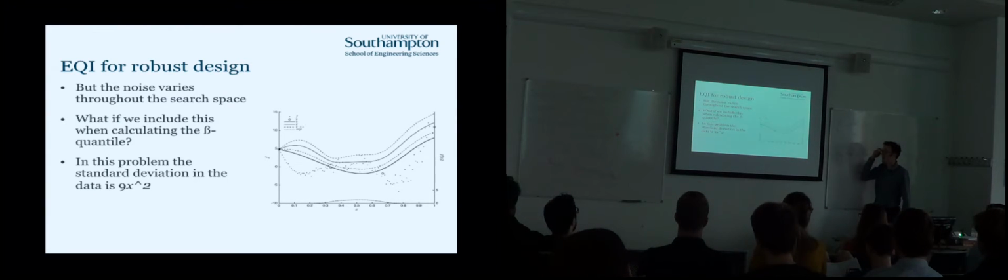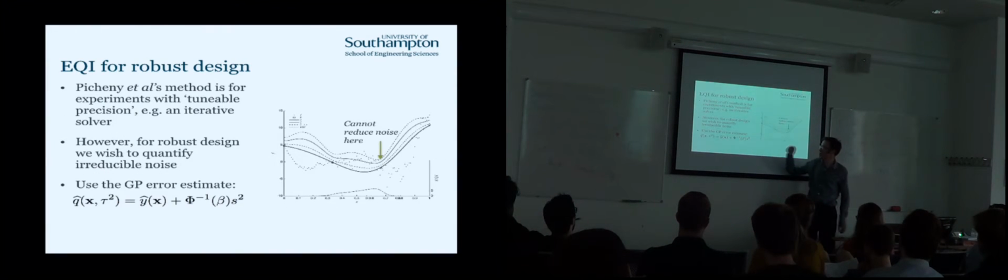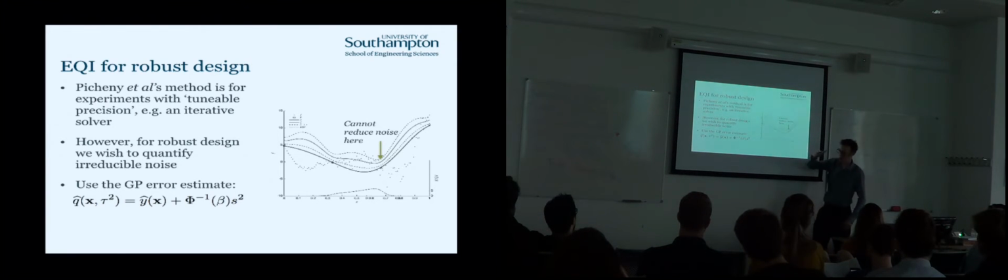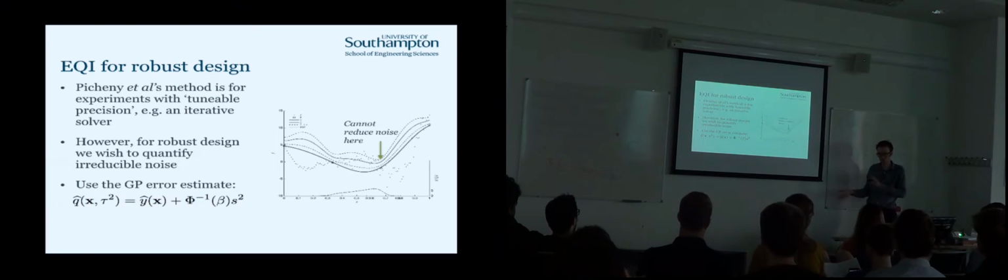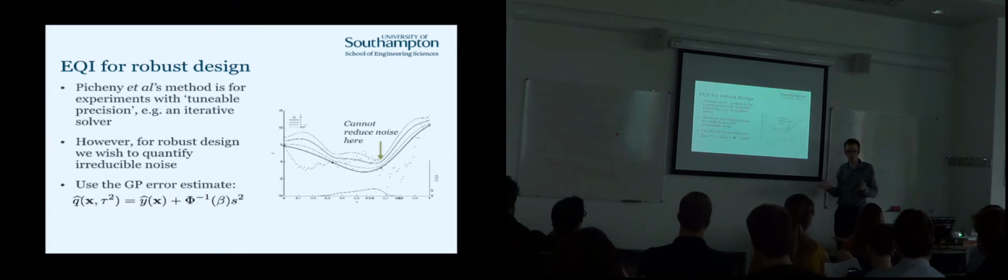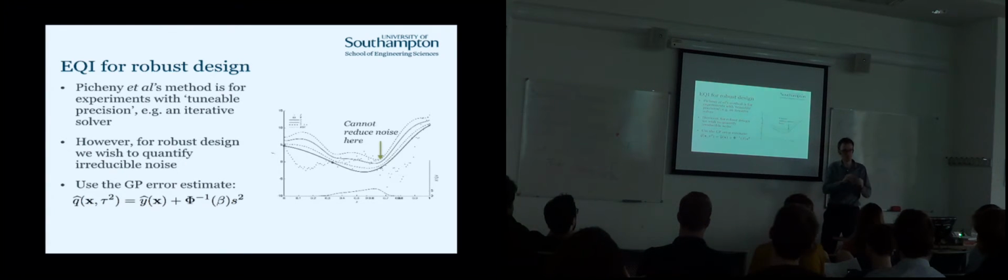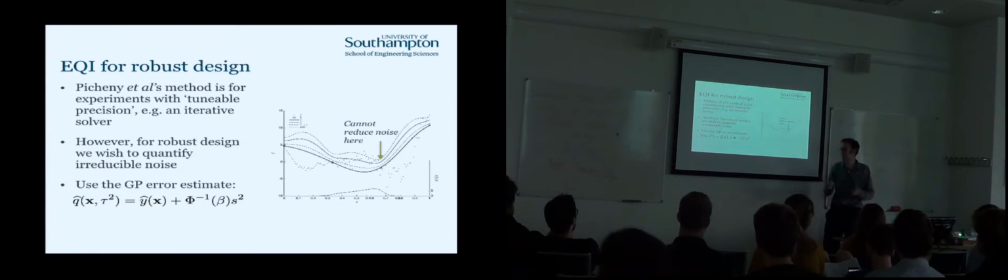But the noise varies throughout the search space. As standard, this parameter here of the noise in your Kriging model would be based on a single value that you've added to your correlation matrix, this regression fudge factor, which says that your curve fit is going to pass near to your data in the same way throughout your search space.